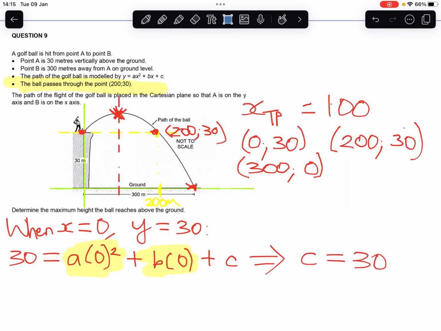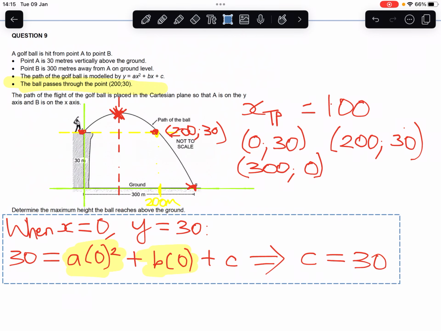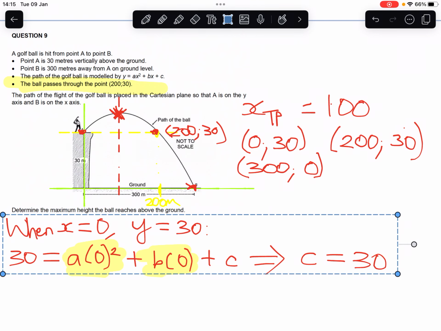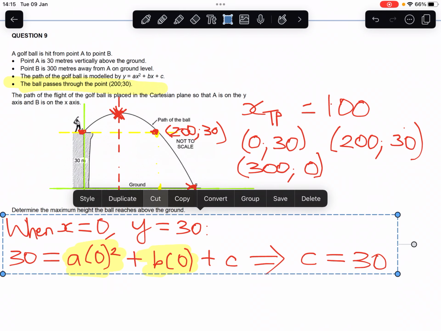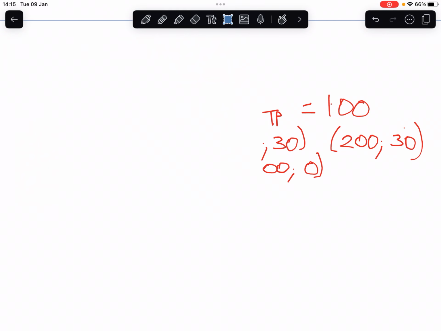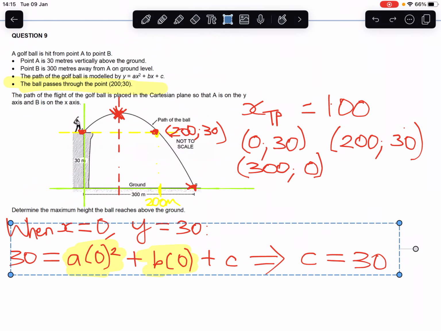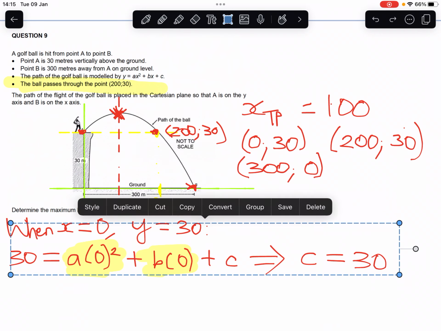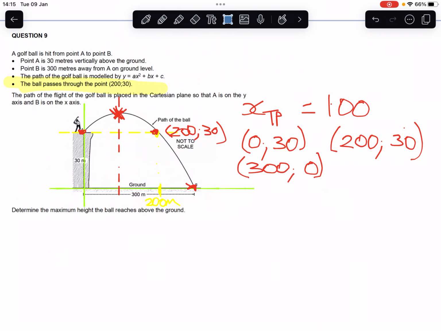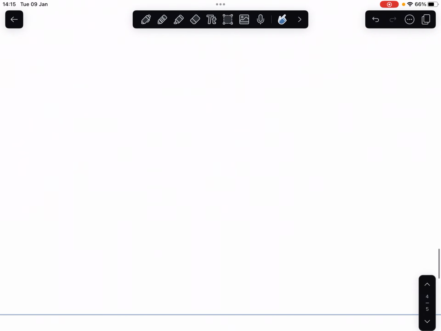Okay, now I'm just going to take this and move it on to the next page. Can I cut this? Oh, it cut everything. Don't cut everything. Let's try that again. Yeah, it's more like it.